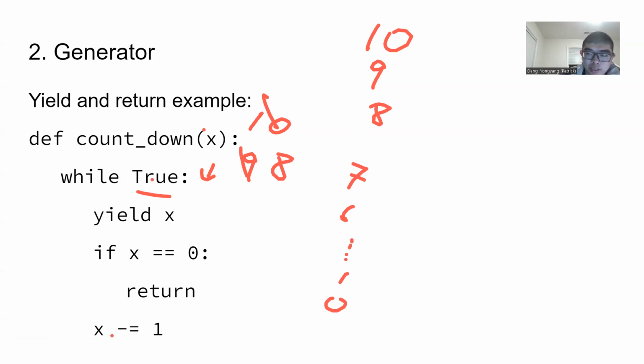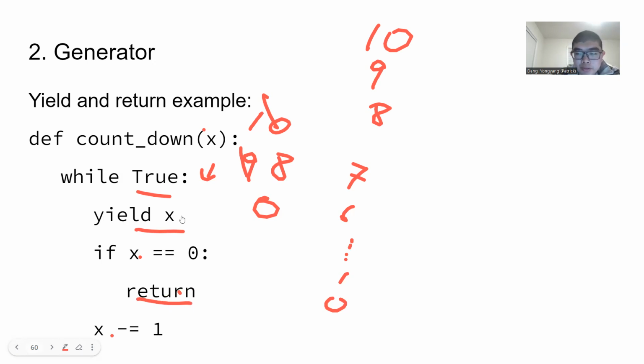When you start from the while loop again, it will yield x. X is 0, so it will yield. It does not stop here, but it will enter the if statement. When you enter the if statement, you return nothing. When I hit the return statement, that means it will stop the function.